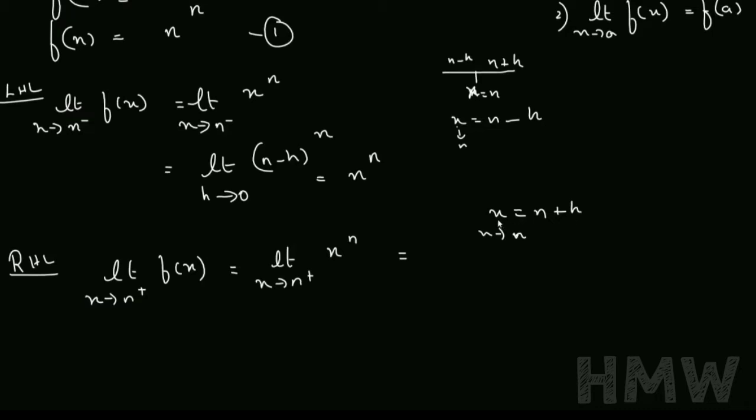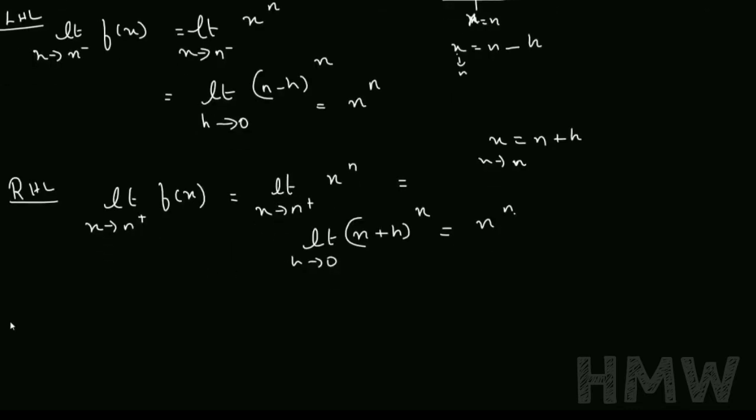It will tend to 0. So limit h tends to 0, x you replace as n plus h the whole power n. Put h is 0, you get n power n. So the left hand limit is equal to the right hand limit, and that is equal to n power n.